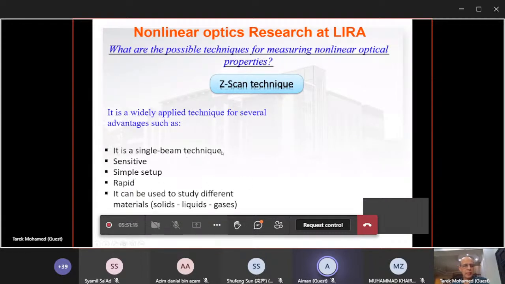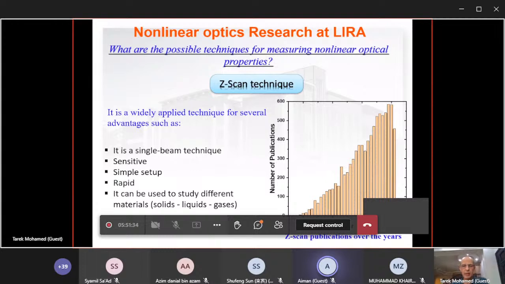It is a single-beam technique, it is sensitive, the setup is simple, and we can do the measurements in a very short time. It can be used to study the nonlinear optical properties of different materials: solid, liquid, and gas. And we can see here that this technique has been used in many publications from its development until the current year.